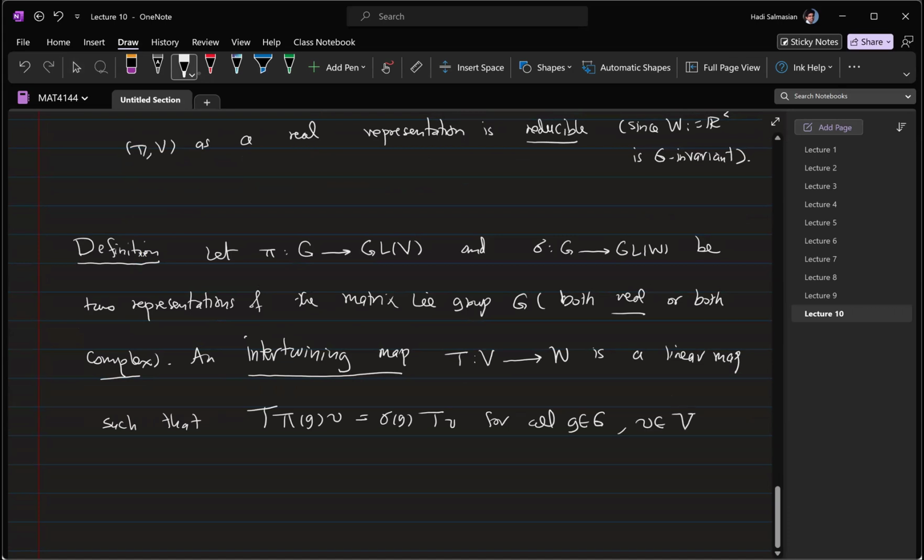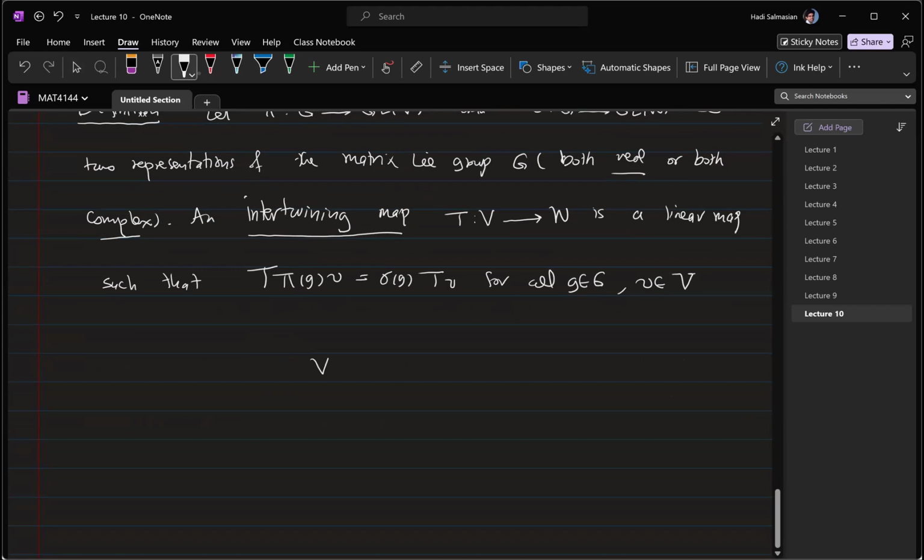So the picture is that you have V and W, and V and W again, and this T is a map in the horizontal direction, in both rows. And now you have pi(g) here and sigma(g) here.